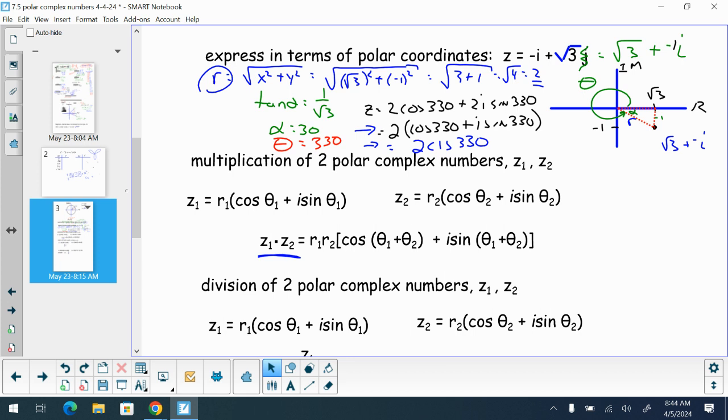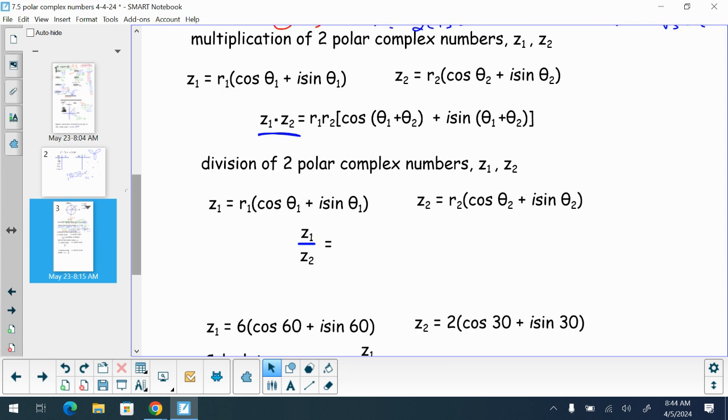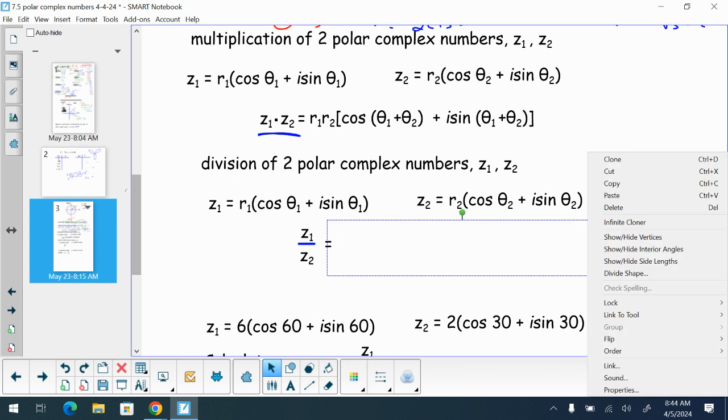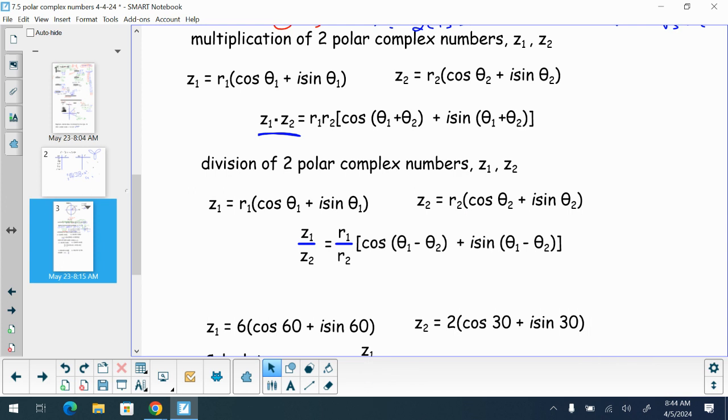When you're dealing with division, when you're dividing Z1 divided by Z2, we have R1 divided by R2, then the cosine theta 1 minus theta 2 plus I sine theta 1 minus theta 2.